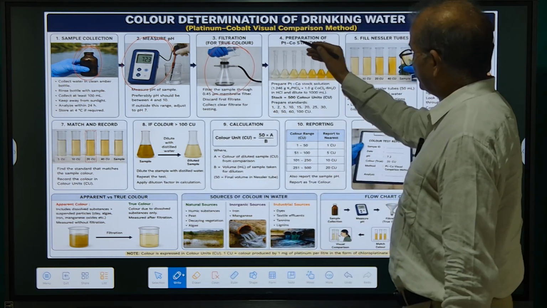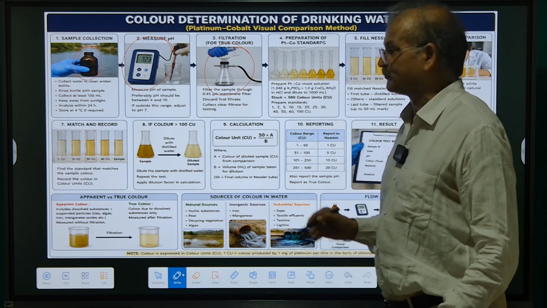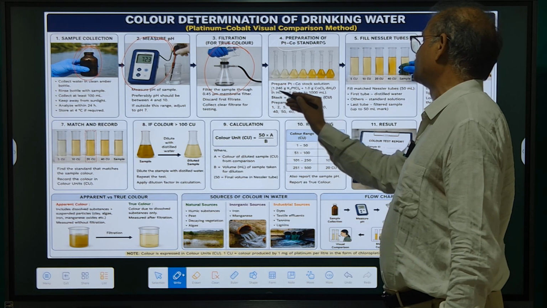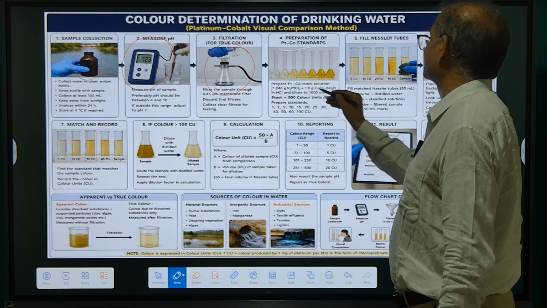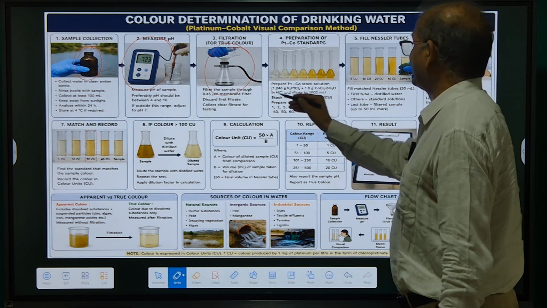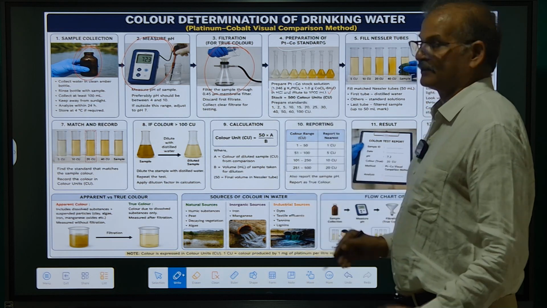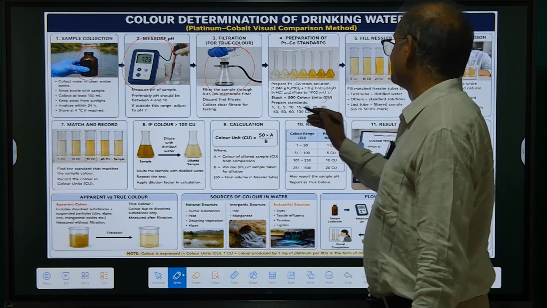For preparation of the platinum cobalt standard, we prepare the platinum cobalt stock solution: 1.246 gram K2PtCl6 plus 1 gram CoCl2.6H2O in 100 ml HCl, and dilute to 1000 ml. Then the color of the solution will be 500 color units.